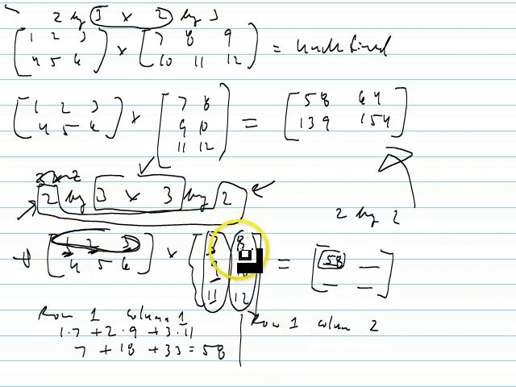So I get the 1 times the 8, that's 8, added to 2 times 10, which is 20, and then 3 times 12, which is 36. When you add those together, you get 56 plus 8, which is 64, which is the number that goes right there.